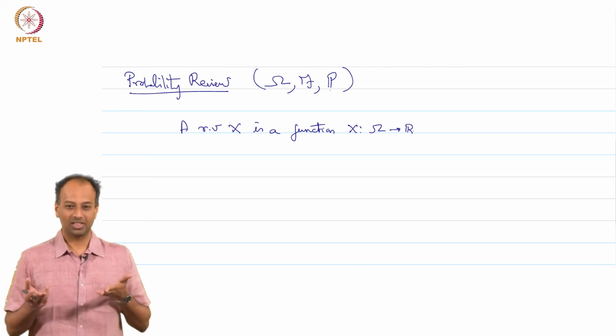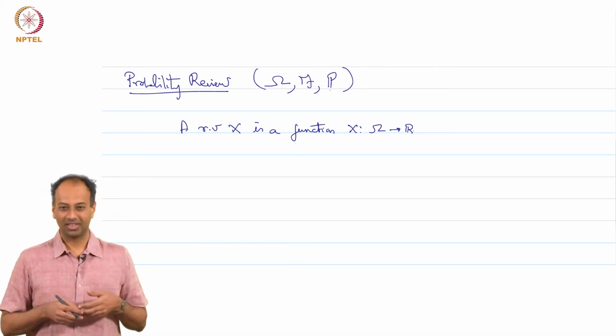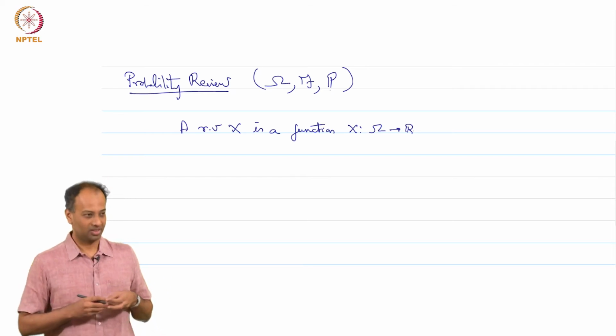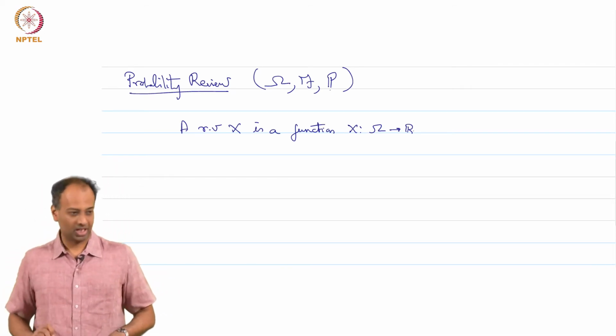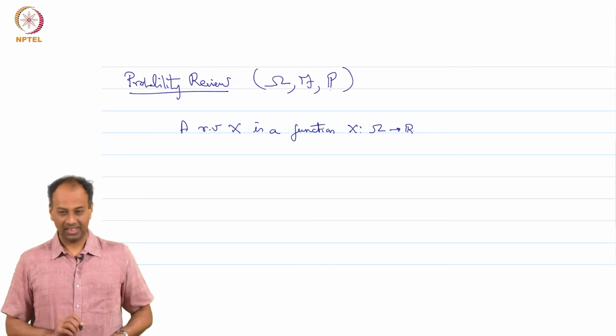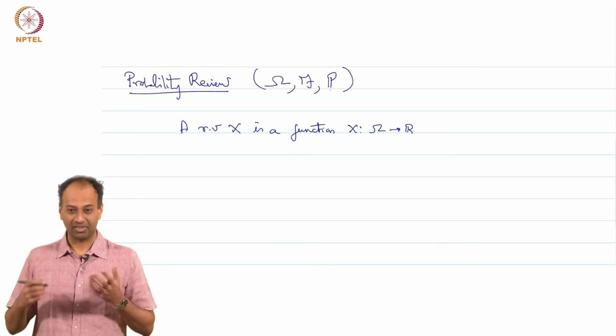So, the randomness cannot be blamed on the function, it is blamed on the input to the function, right. So, a random variable is a function from omega to R. There is a mild technical condition that is required, it is not just any function.